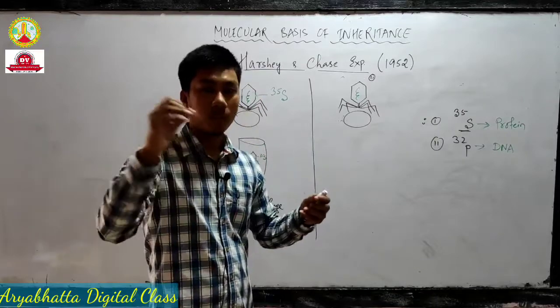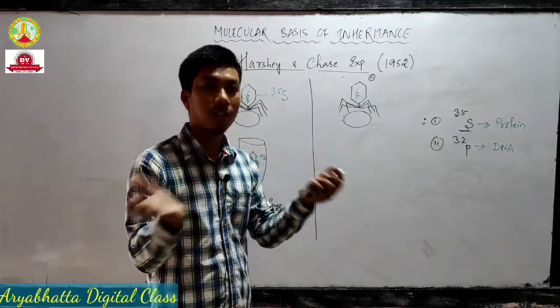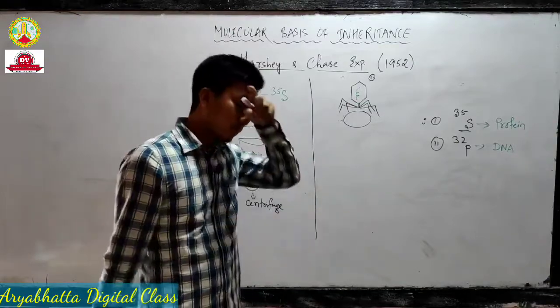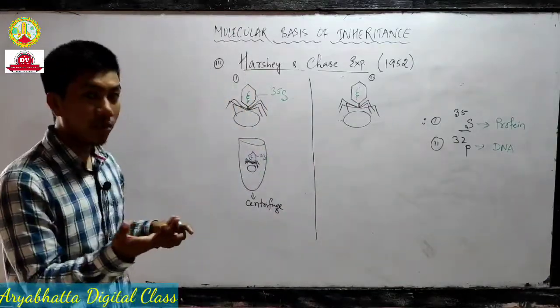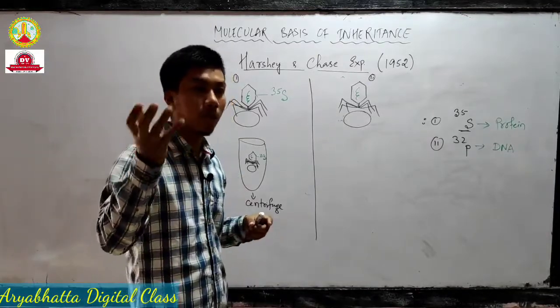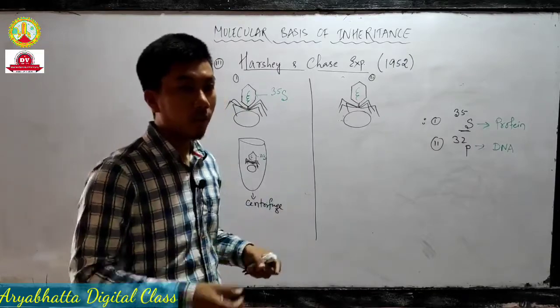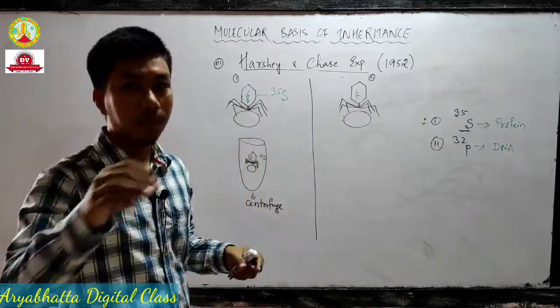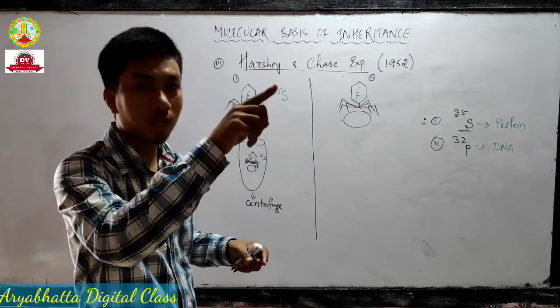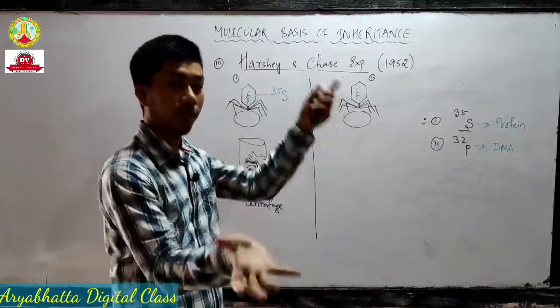When you keep the test tube in it, it shakes. When you go to a higher study level, when you do any research work, there will be an instrument called a centrifuge. The test tubes are kept in it, and when you switch it on, it shakes.